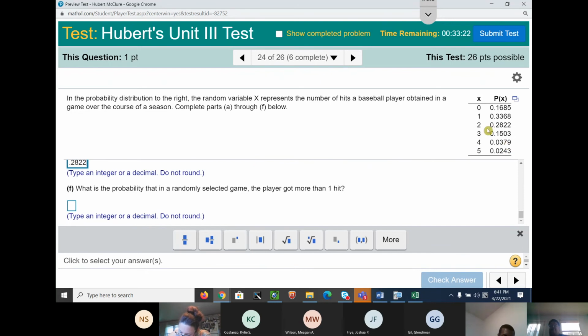So somebody add 0.2822, 0.1503, 0.0379, 0.0243. I got 0.4947. Thank you. And that should be the answer, except for the Philadelphia lawyer question.